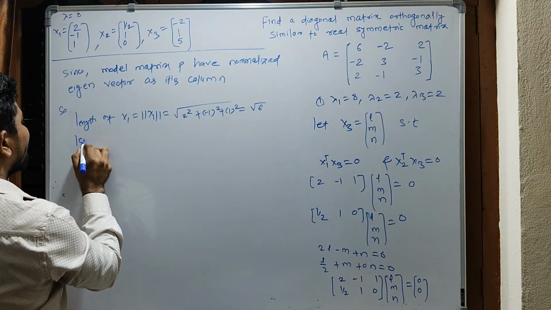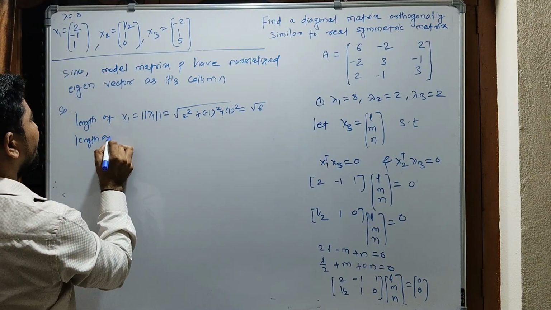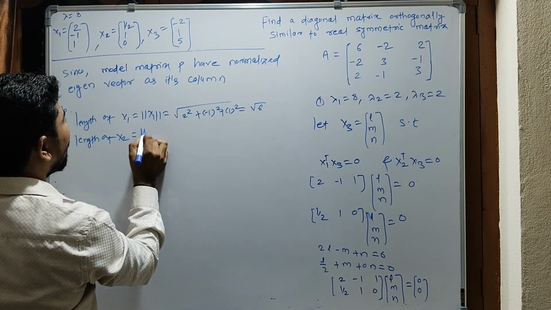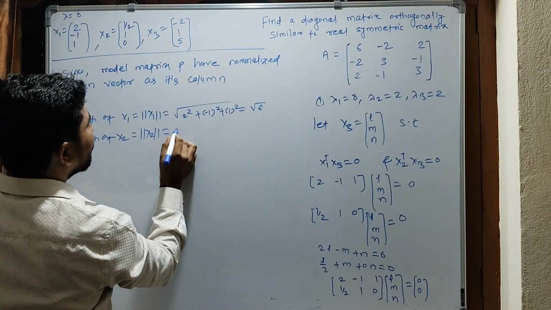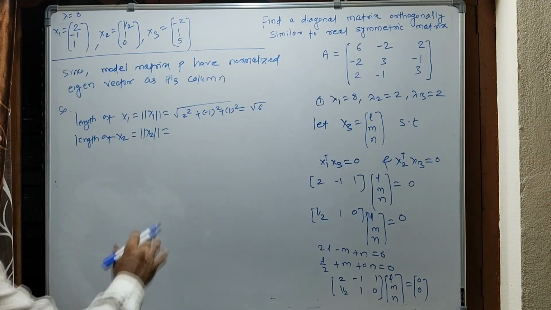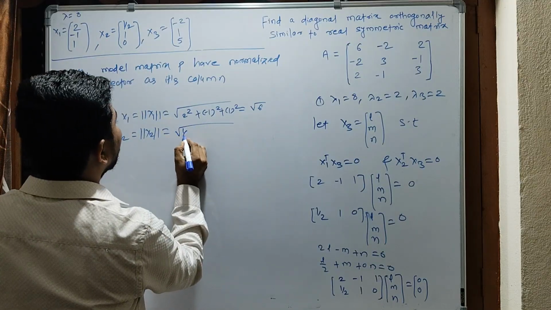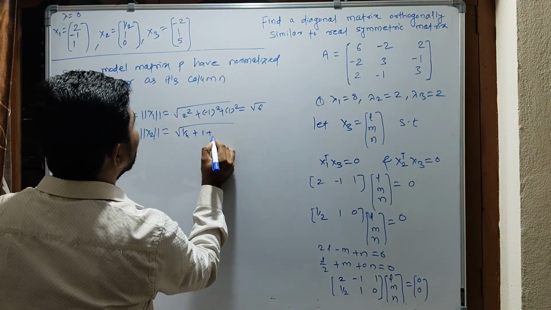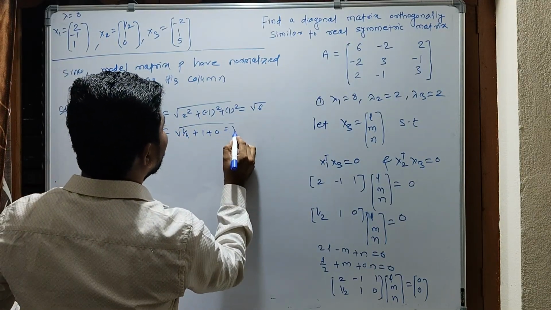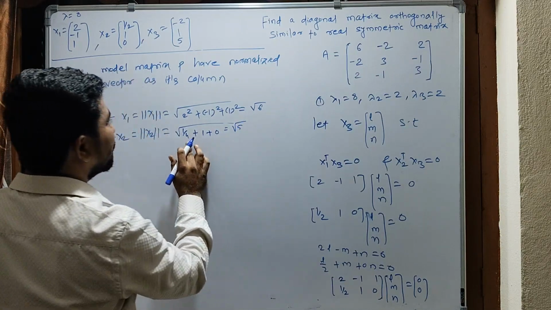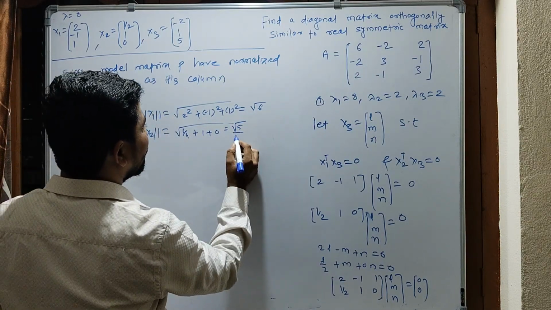Here the length of x2, which is equal to the norm of x2, which is equal to 1 by 4 plus 1 plus 0, which is equal to root 5 by 2.